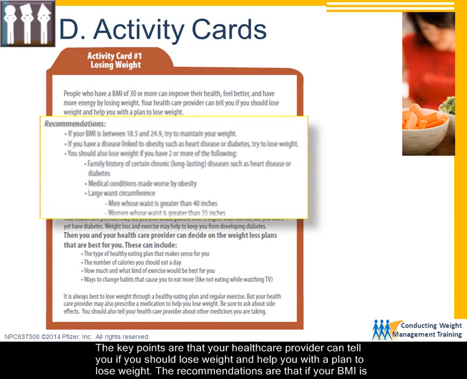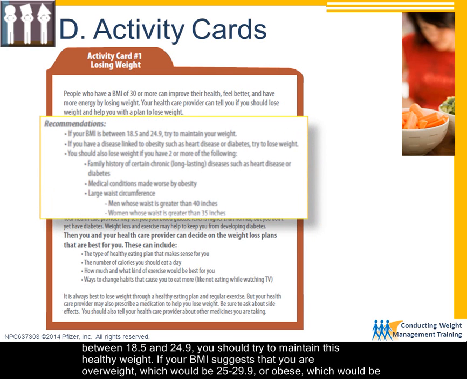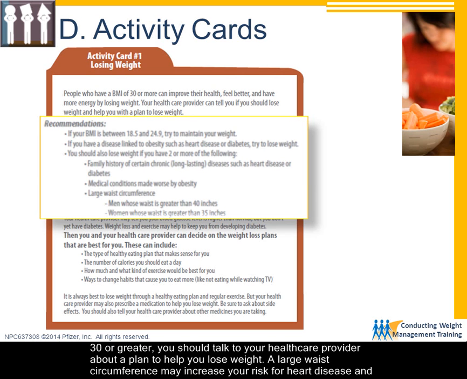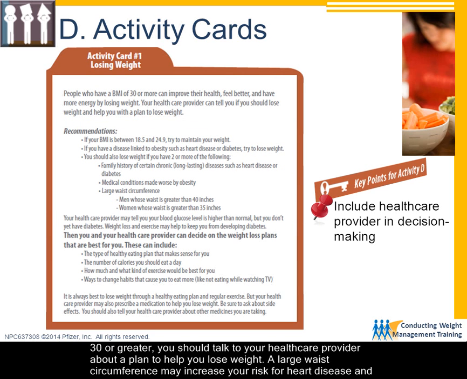The recommendations are that if your BMI is between 18.5 and 24.9, you should try to maintain this healthy weight. If your BMI suggests that you are overweight, which would be 25 to 29.9, or obese, which would be 30 or greater, you should talk to your healthcare provider about a plan to help you lose weight.